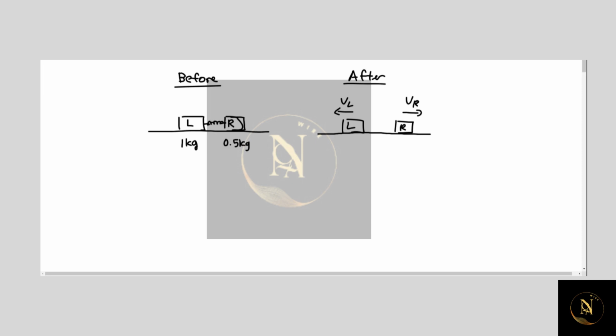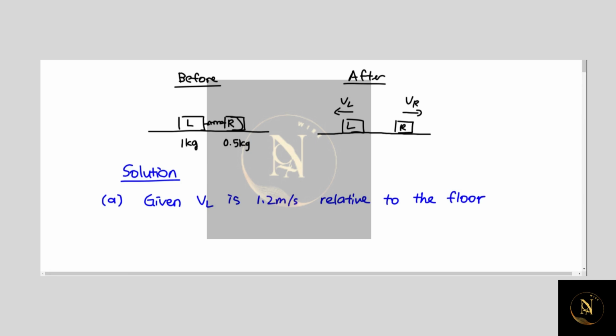There are two parts in the question. In part A, we are given VL is 1.2 meters per second relative to the floor. We want to find the distance traveled by block R in 0.8 seconds.